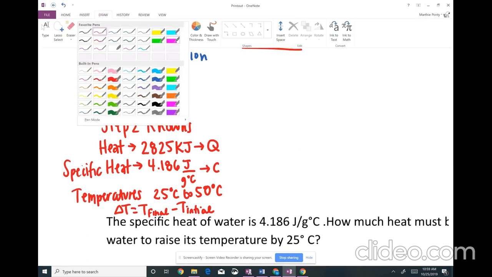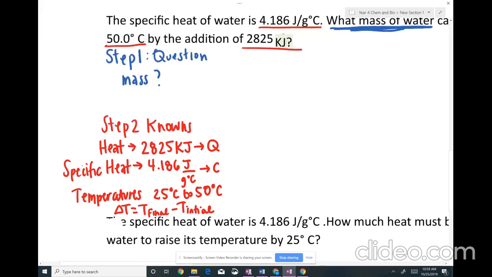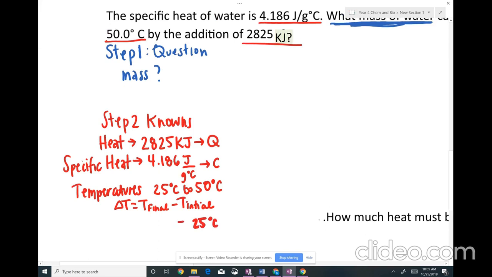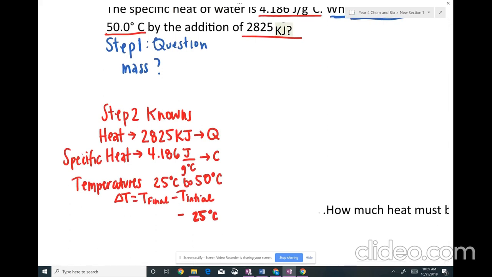Since we started with 25 degrees Celsius, we're going to put that right here. And our final temperature was 50 degrees Celsius.